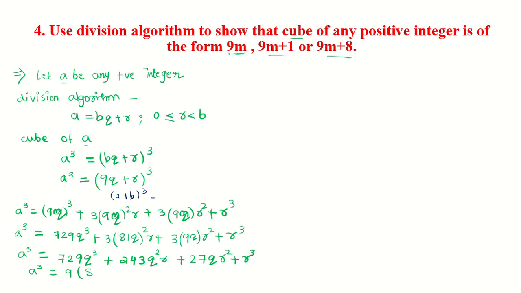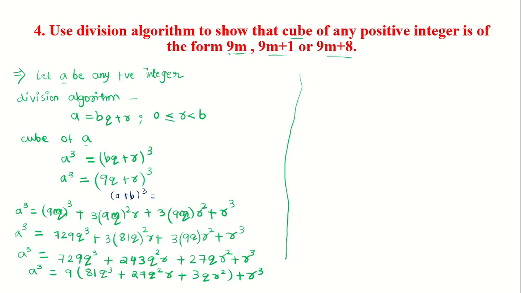So it will be 9 into 81 q cube plus 27 q square r plus 3q r square plus r cube.